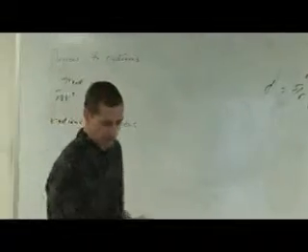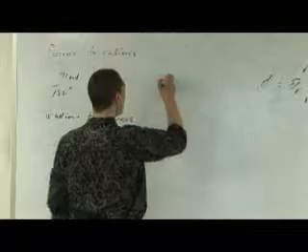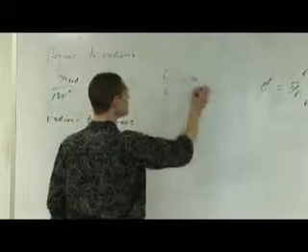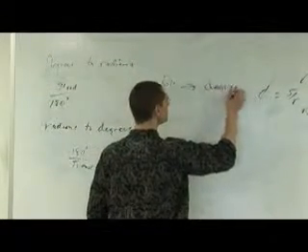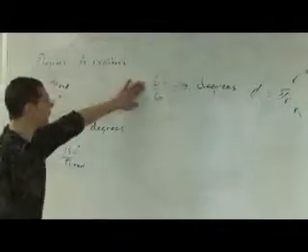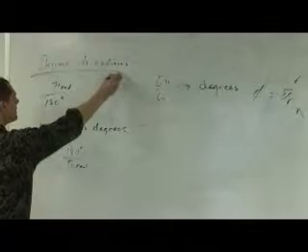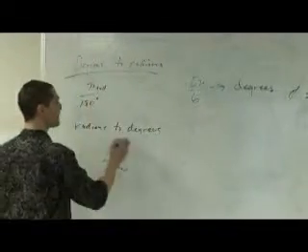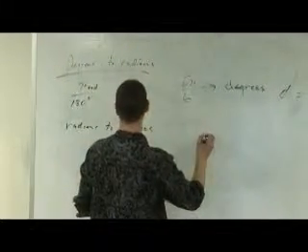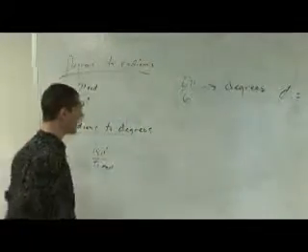Okay, so anyway, problem. Example 1. Turn 5 pi over 6 into degrees. Well, so we have radians. We want to go to degrees. Degrees to radians, we're going to use this one. So, no, we're not. We're going to use this one because we're going radians to degrees.